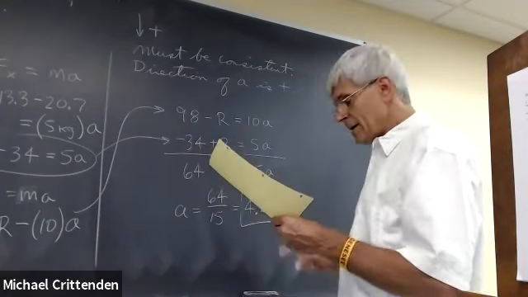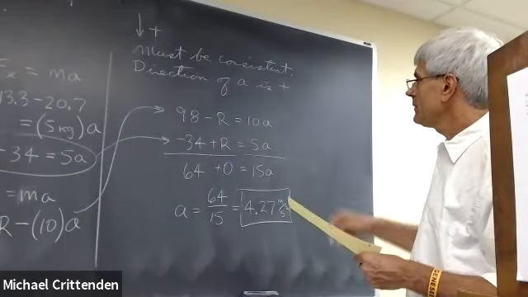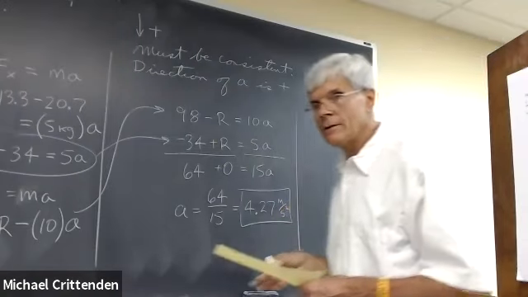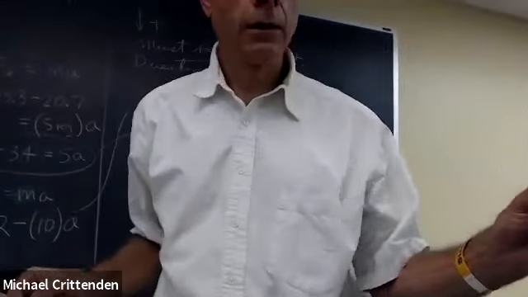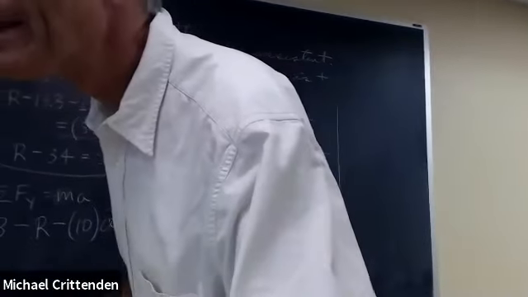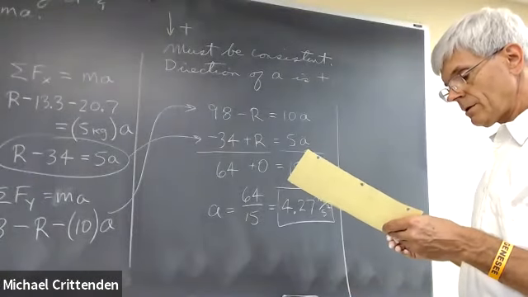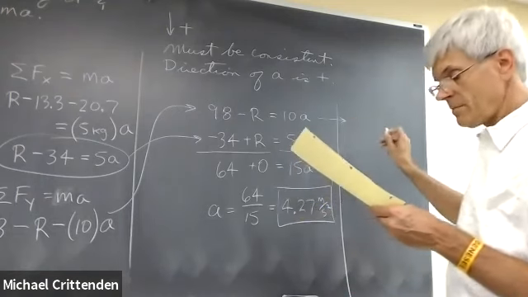Sorry about that. Then, once you have the acceleration, you stick it back into either one of these. Looks like I went with this one, but it doesn't really matter.